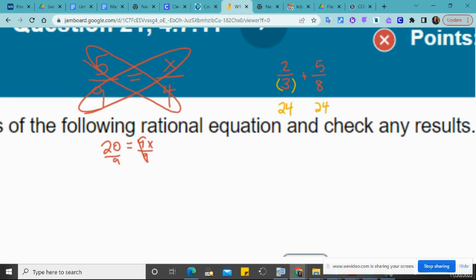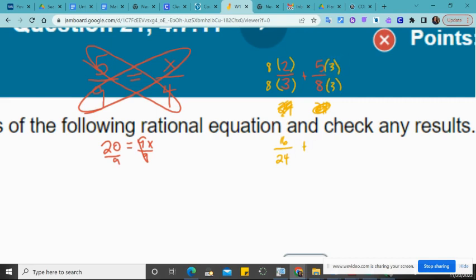To get that 24, I had to multiply 3 by 8. But if I do that on the bottom, I also have to do that to the top of the fraction. So then I would get 16 over 24, and 8 times 3 on the bottom over here, and you have to do that to the top as well.